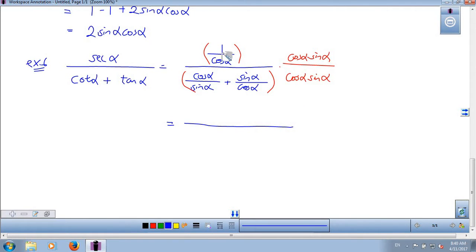Cosine times sine times 1 divided by cosine, the cosine cancels out, so the numerator becomes sine. Cosine times sine times cosine divided by sine becomes cosine squared alpha. Cosine times sine divided by cosine, the cosine cancels out, so it becomes sine squared alpha. That works out well because cosine squared alpha plus sine squared alpha equals 1, by the Pythagorean identity. So our final answer is sine alpha.